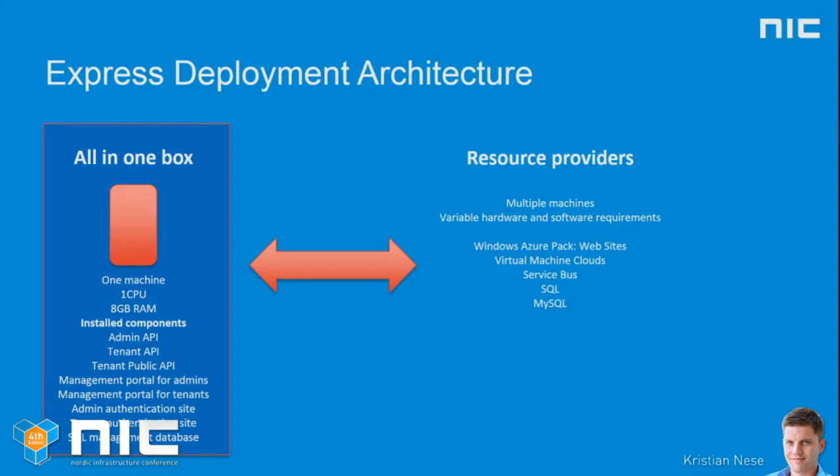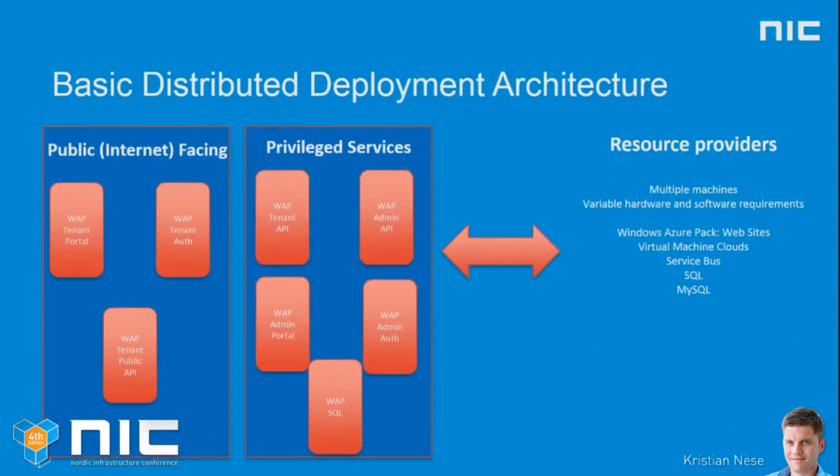Then you connect to your resource providers like the VM Cloud, Website Cloud, or SQL Server Cloud, and start offering services. So the Express deployment is something we normally just see in lab environment or testing. But we have also seen people deploying it into production. And we have, of course, fixed that.